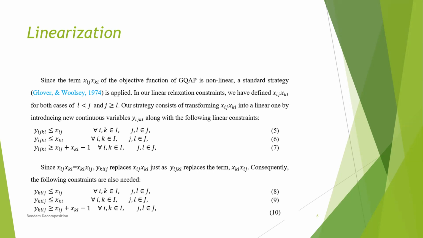Therefore, these link constraints can be reproduced for the variables y kl ij, as you can see in the constraints 8, 9, 10. Therefore, we added new constraints to the model, constraints 5, 6, 7 for the original model, or we can use the constraints 8, 9, 10 for the second model.